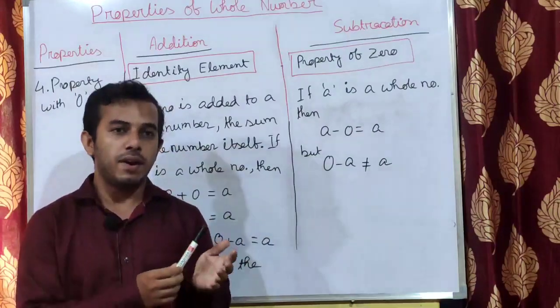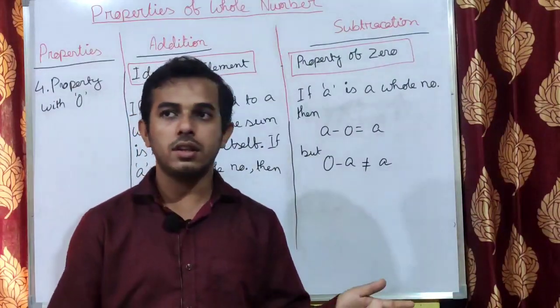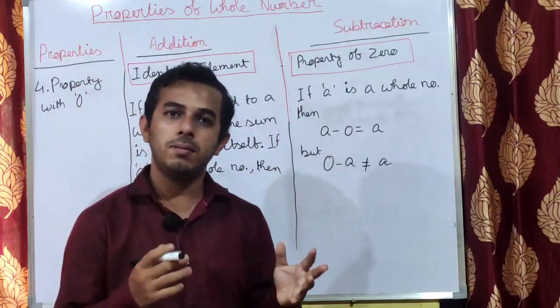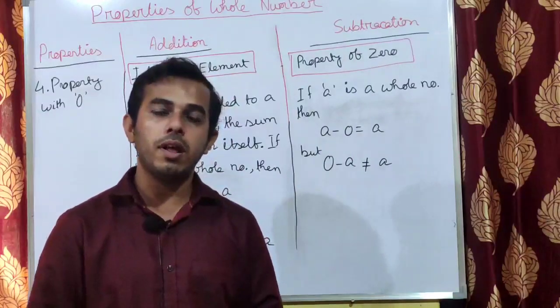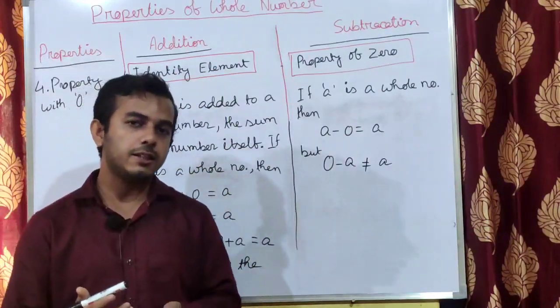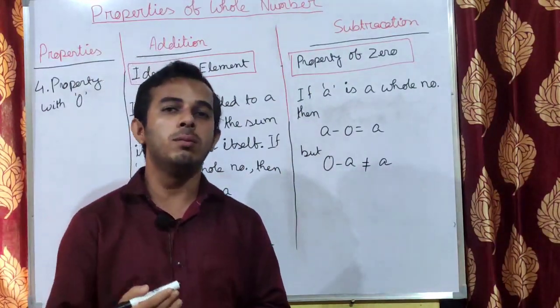If the first number is greater, then the result will be a whole number. But if both numbers are same, the result will also be a whole number. But if the first number is smaller, then the result will not be a whole number.